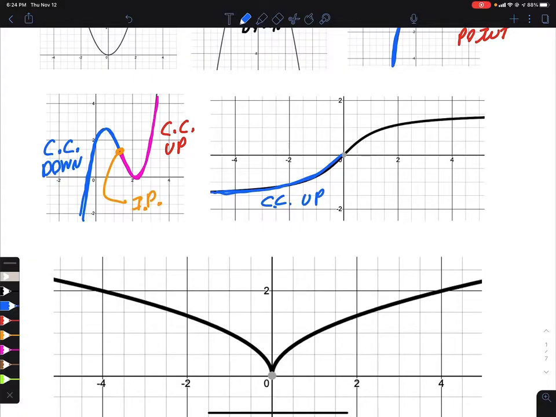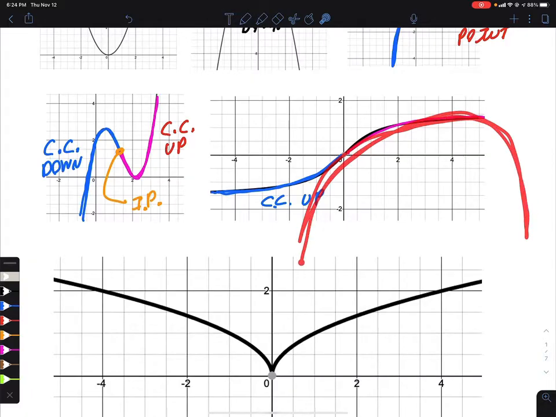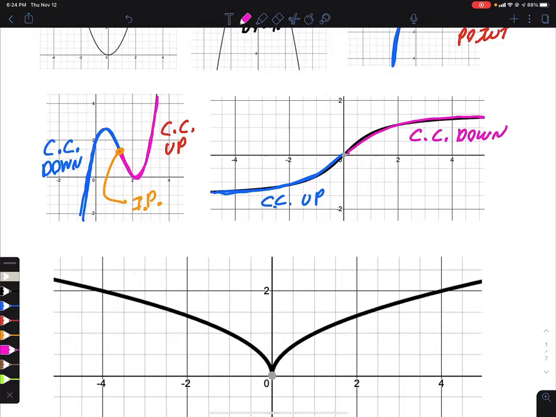And then the right side, look, that's a cave down. That's part of a big concave down. So that section we say concave down, making this point here the inflection point. And hopefully, like I said, you're getting the feeling of these.